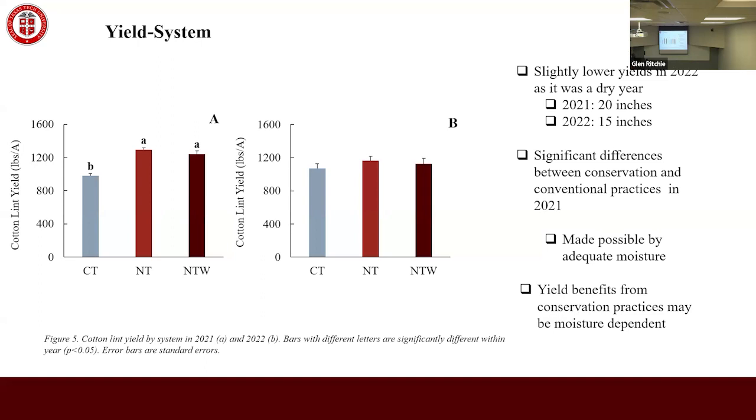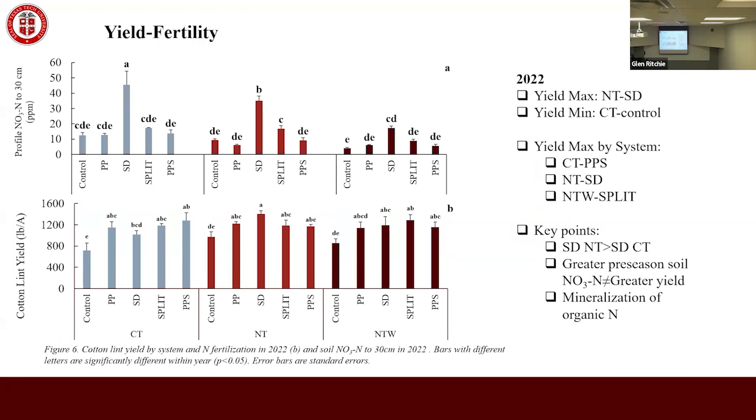They are lagging a bit behind the conventionally tilled system early in the year in terms of how much stored soil moisture they have to establish a crop, but the conservation systems do a lot better at holding on to that water in season. So to me, that just says that overall, a lot of times, no matter where you are, the benefits from conservation practices are going to be highly dependent on soil moisture.